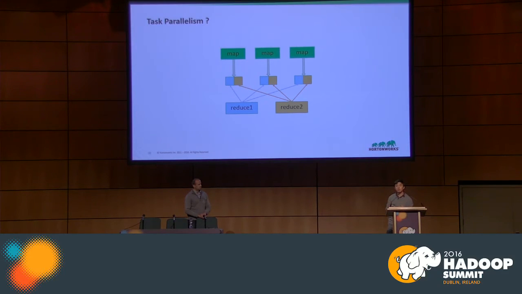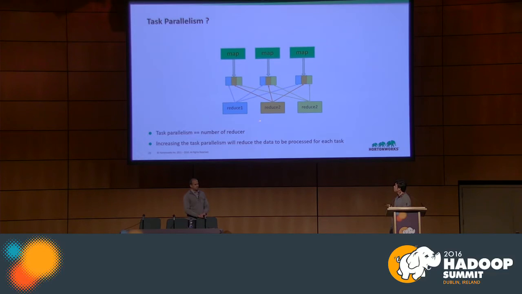So if we increase the task parallelism, say we increase the reducer number, what will be changed and what is still not changed? As you can see here, if we increase the reducer number to 3, and actually the number of reducers is the same concept as the task parallelism, what is not changed is the map output size. No matter what task parallelism we set, the map output shuffle data size is still the same.